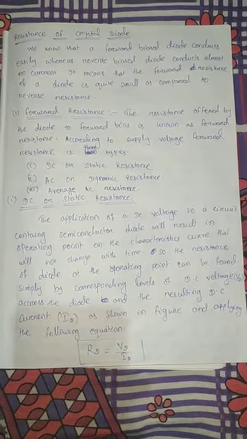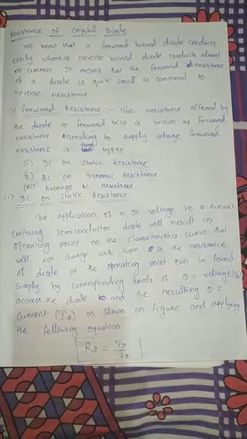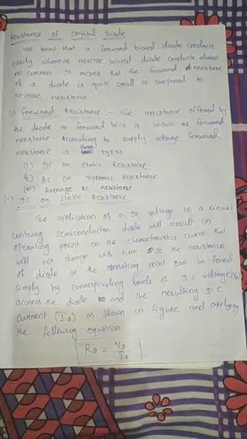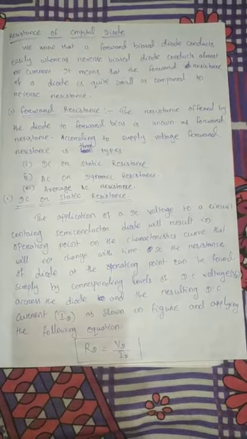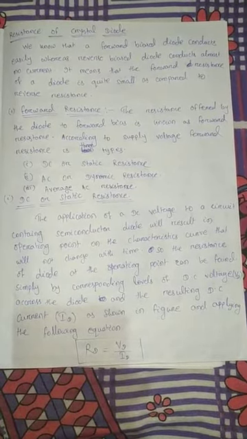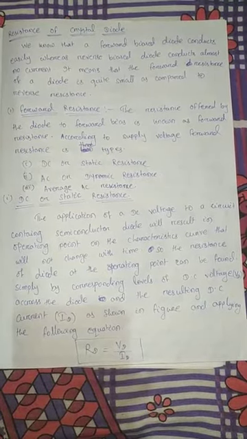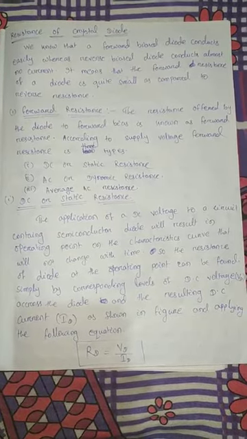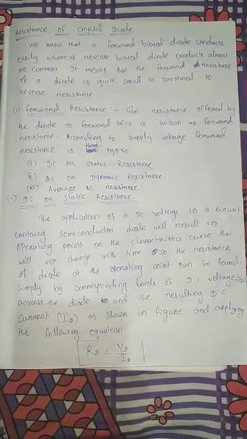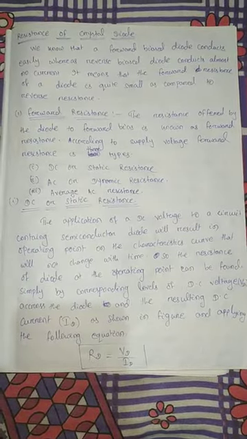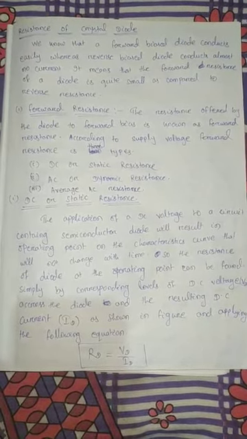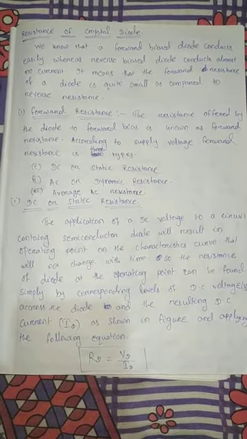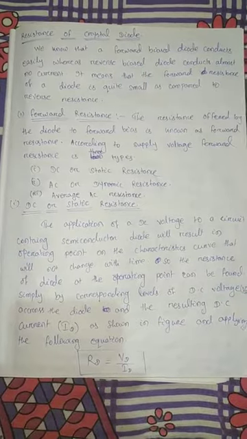First, the DC or static resistance. If we supply a DC forward voltage to the diode, the resistance provided by the diode is known as DC or static resistance. That means if you provide the diode a DC voltage, the operating point, the Q point, on the characteristics curve is stable, it will not change with time.